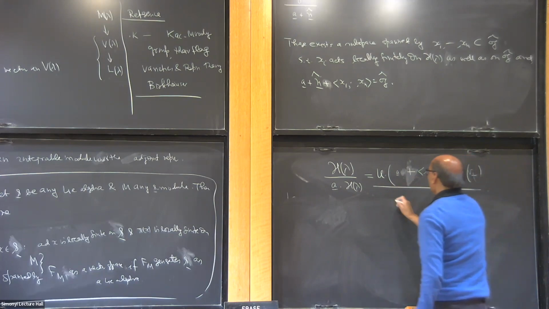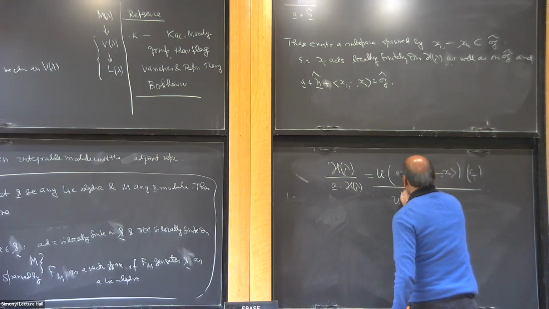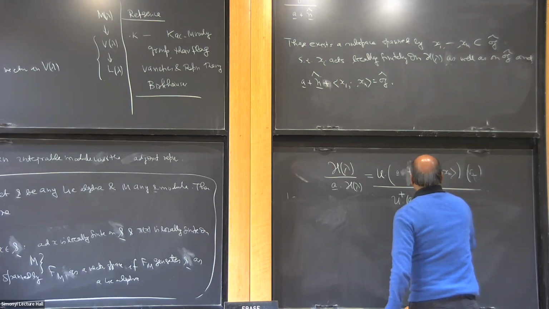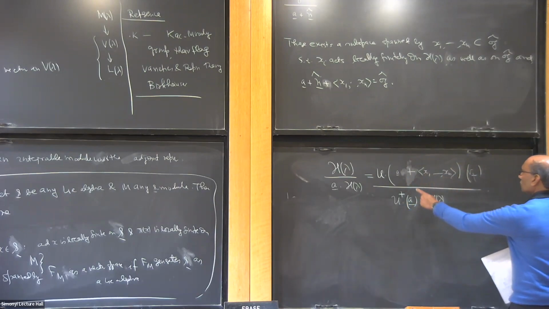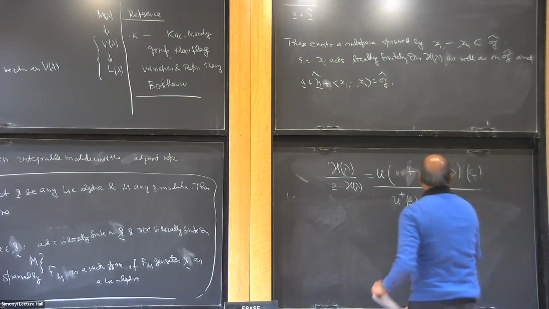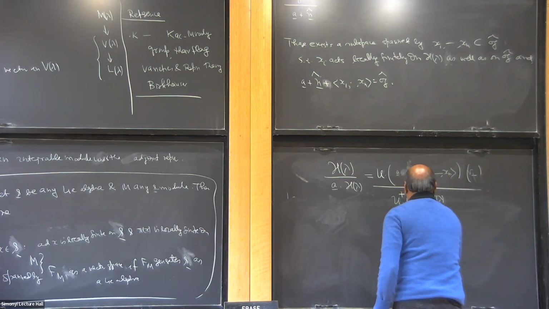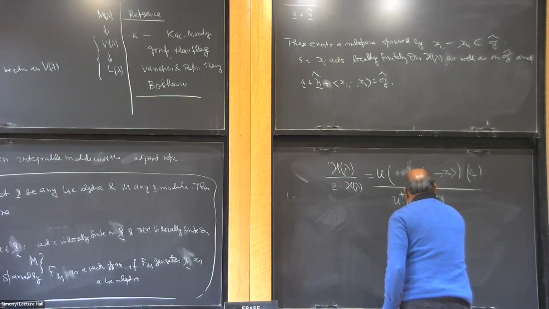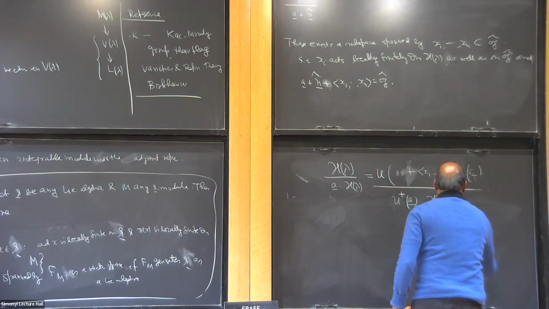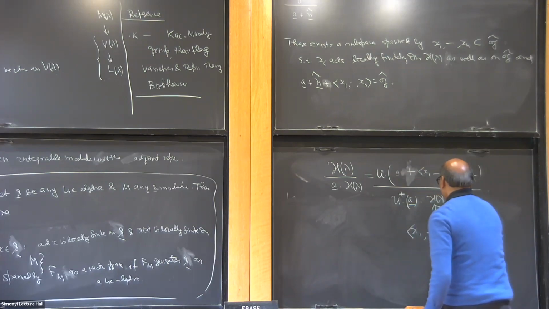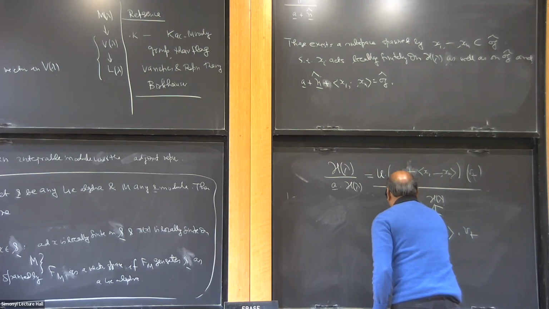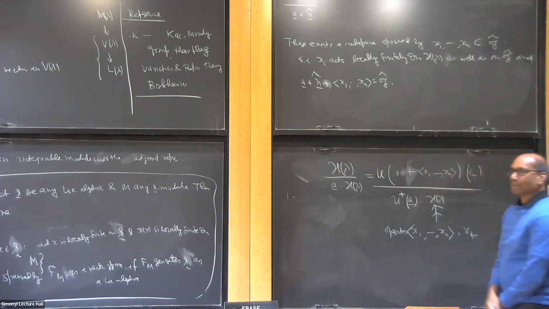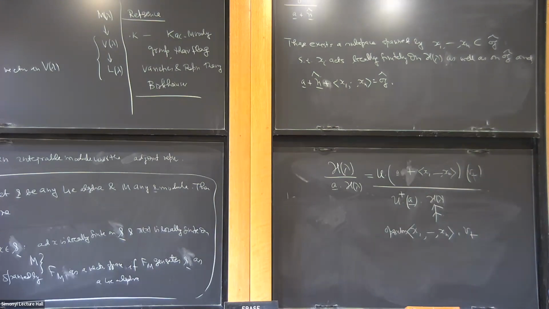And you are operating on that, so this cancels and this remains: operators in x1, ..., xn acting on V plus. But these are acting locally finitely on that, so this will be a finite space.